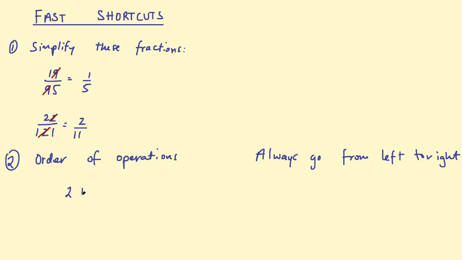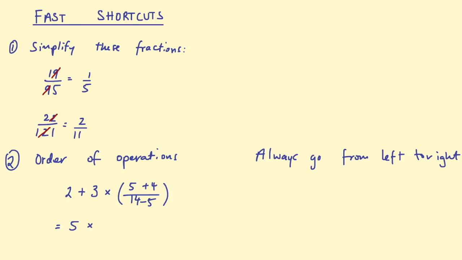So you might be asked to evaluate 2 plus 3 multiplied by something like 5 plus 4 over 14 take 5. Okay, so this looks pretty tricky. Remember, always go from left to right. So 2 plus 3 is 5, and then you have to sort out these fractions in these brackets here.